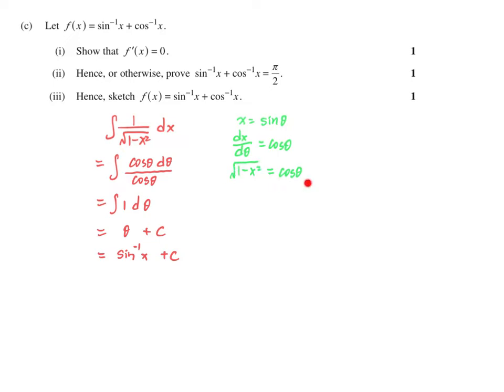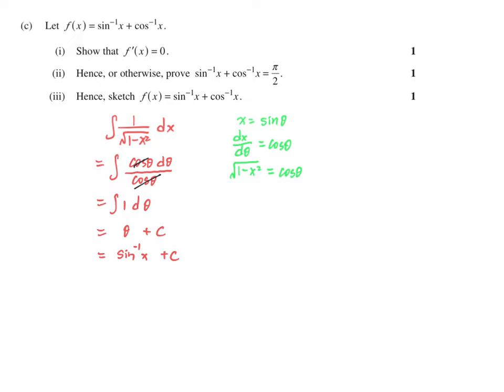Take the square root, it gives you cosine theta. Now, dx equals cosine theta d theta, and the denominator, root 1 minus x squared, should be equal to cosine theta. The cosine theta and the cosine theta, you can cancel them out.